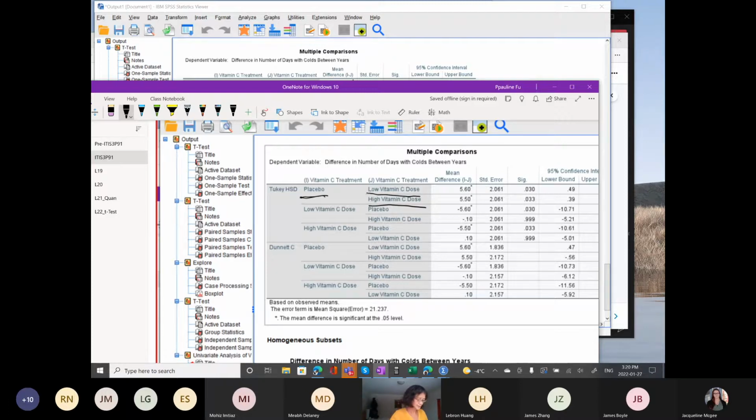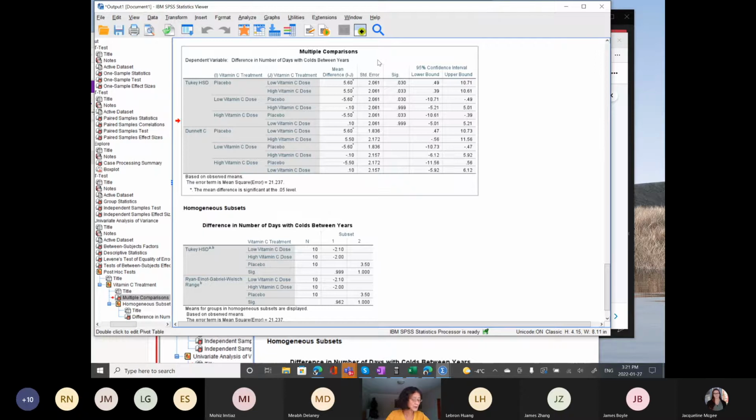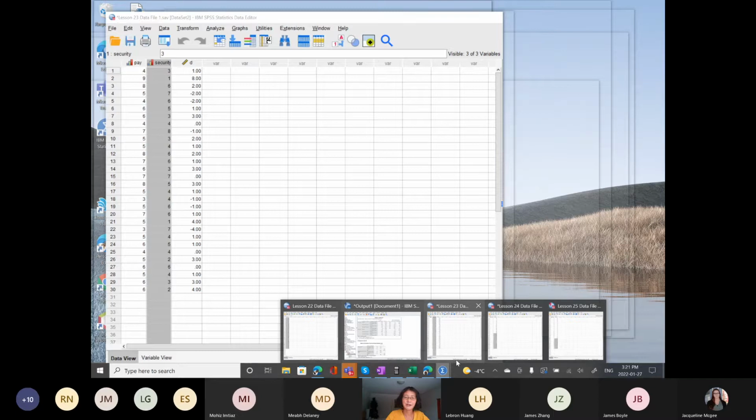Okay. So any questions on the procedure for the ANOVA test? So this test, obviously, the three means are different. Okay. And if you produce the box plot, you can do this to examine the three means.